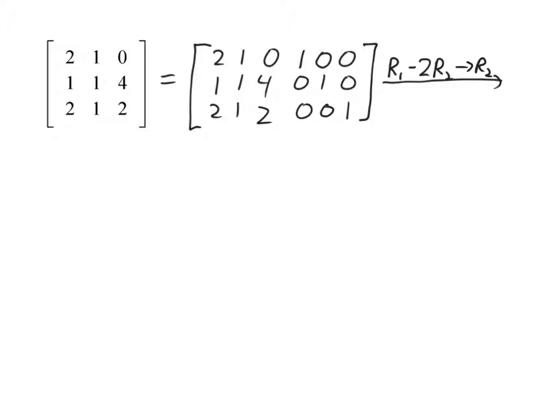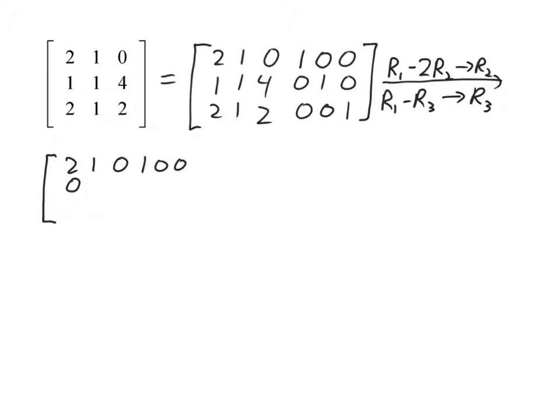And then to get rid of this one and make it 0, I'm going to take row 1 and just subtract row 3, and I'm going to replace row 3 with that. So I'm going to do two things at once. First of all, I need to write down my top one since I'm not changing it. 2 minus 2 is 0.